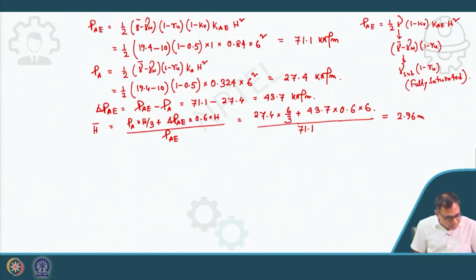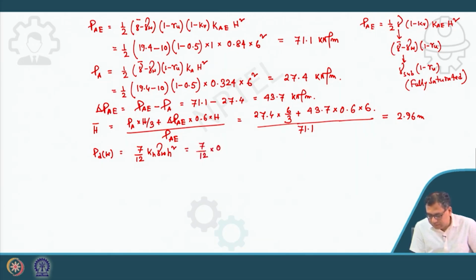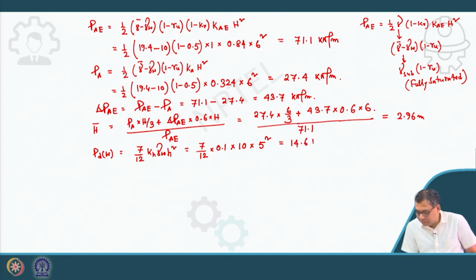Okay, so now I will calculate other forces. The PDW is 7 by 12 kH into gamma W small h square. So this is 7 by 12 into kH is 0.1, gamma W 10, small h is 5 square. So this will be 14.6 kilonewton per meter.